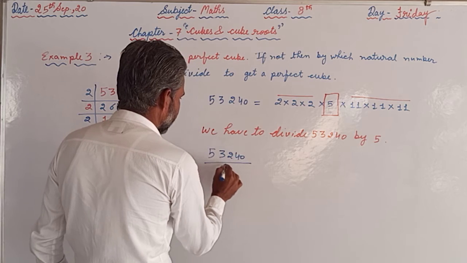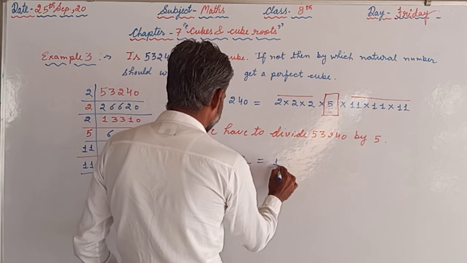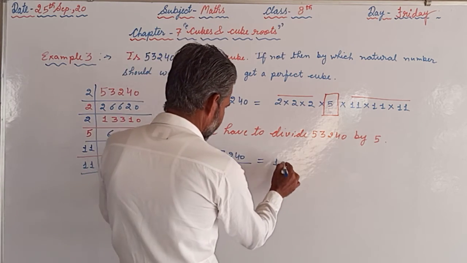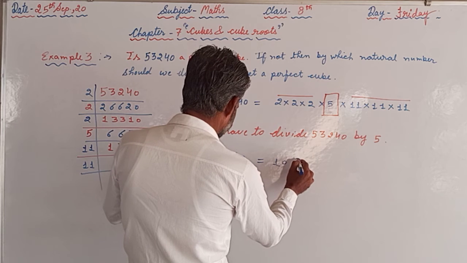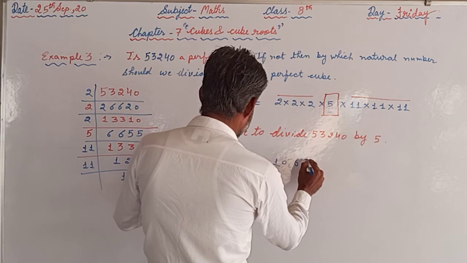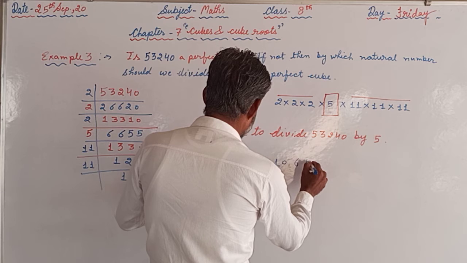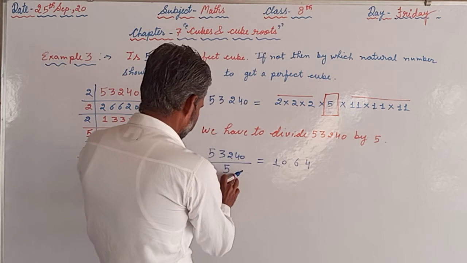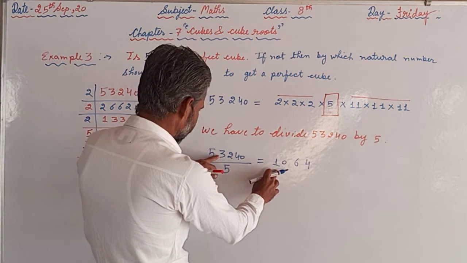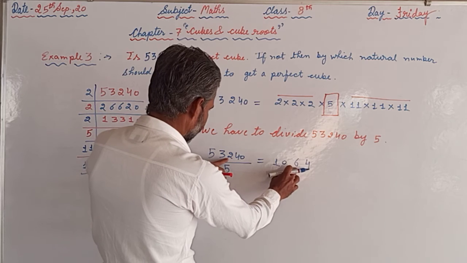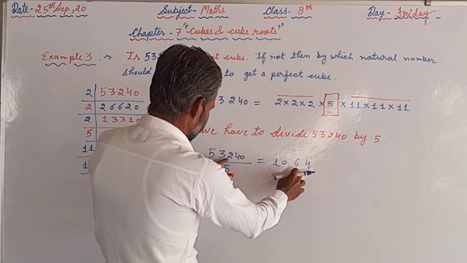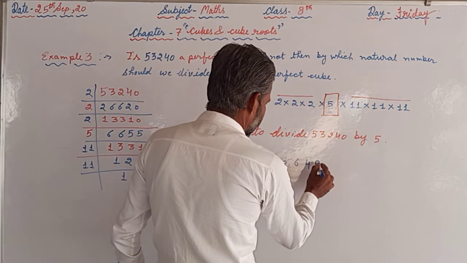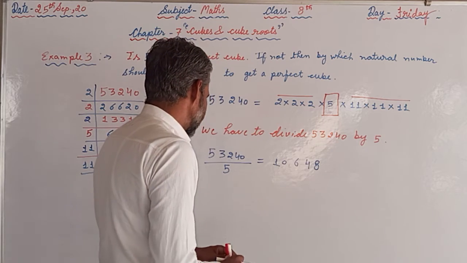If we divide 53,240 by 5, that will be 10,648. 5 1s are 5, then 0, 5 6s are 30, 2 is remaining, 5 4s are 20, and then 4, then 8 will be remaining.